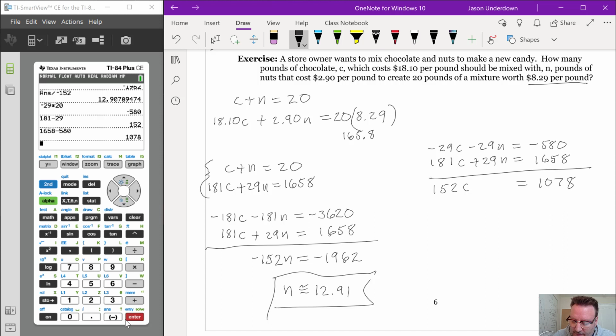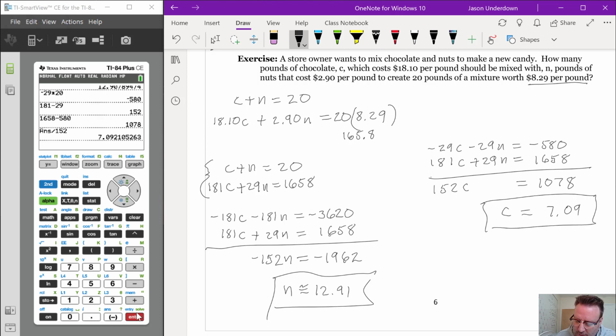Okay, divide both sides of this equation by 152, and I get 7.09. There we go. So the solution is to make a mixture of 7.09 pounds of chocolate with 12.91 pounds of nuts.